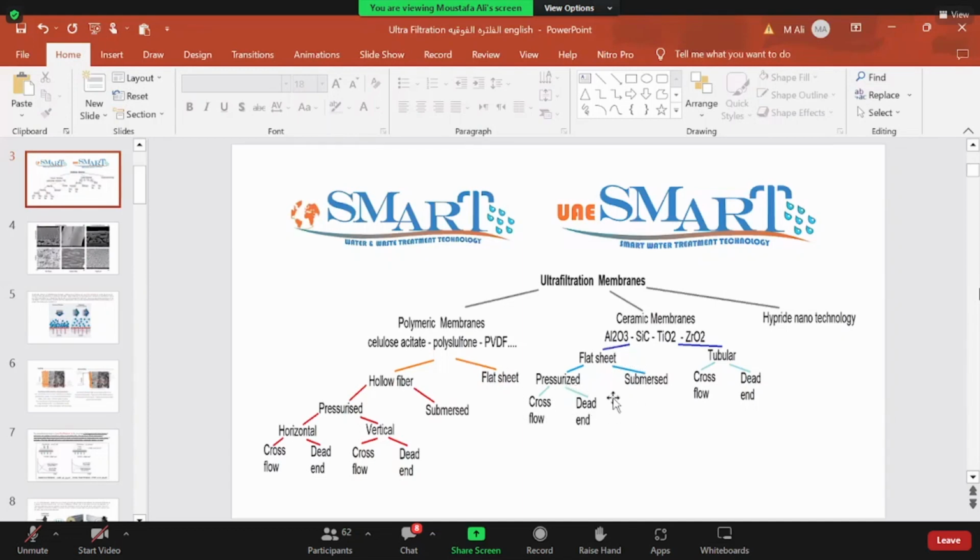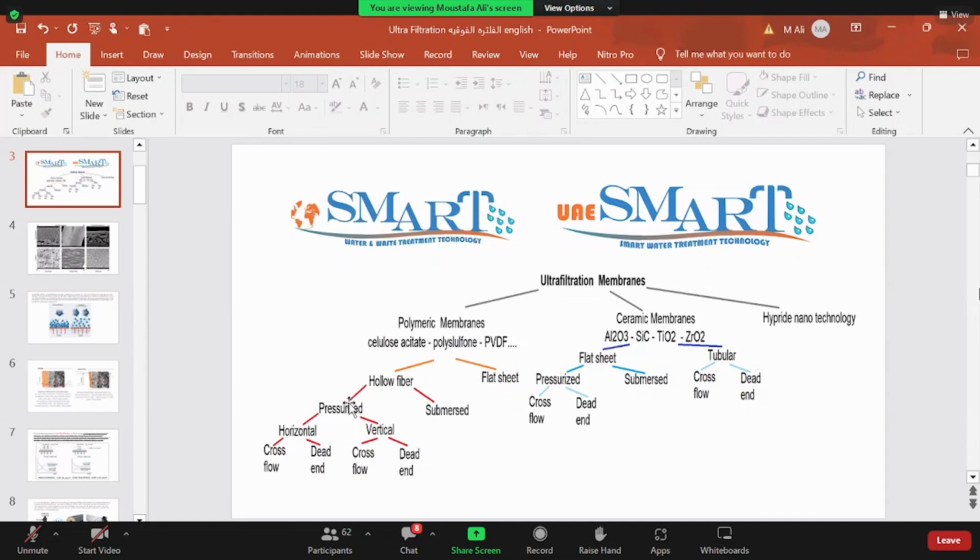The submerged type, by the way, works only with the dead end filtration technique. The pressurized type can work with either dead end filtration or cross flow filtration.